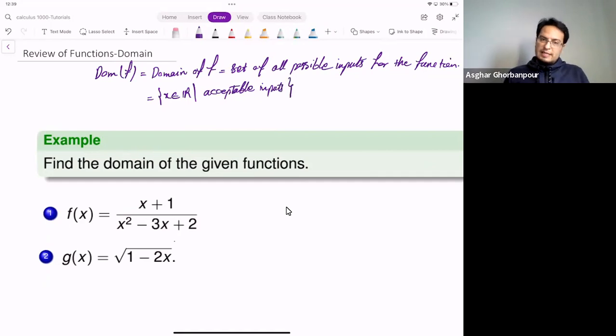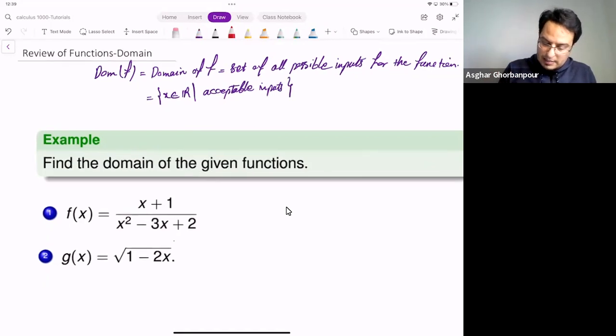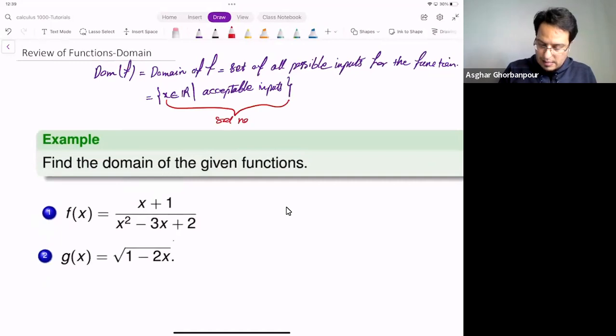So the conditions that define this. You have to be able to write the domain in set notation, which is this guy. Also in interval notation. So I will also write it as interval notation.